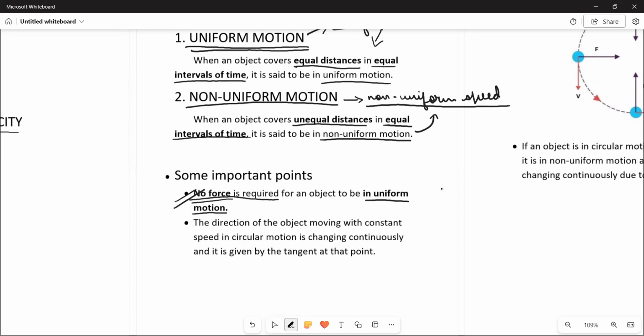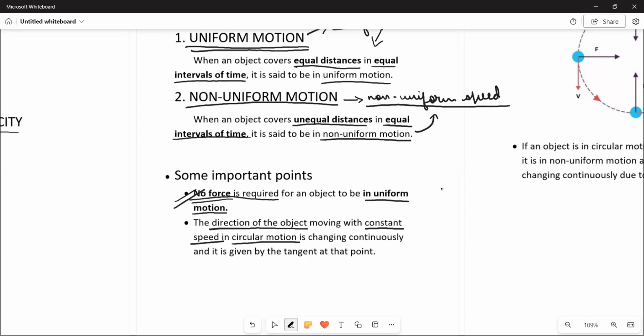The next point is that the direction of an object moving with constant speed in circular motion is changing continuously, and it is given by the tangent at that point. What? The direction of the object moving with constant speed in circular motion. We have discussed earlier what circular motion is.